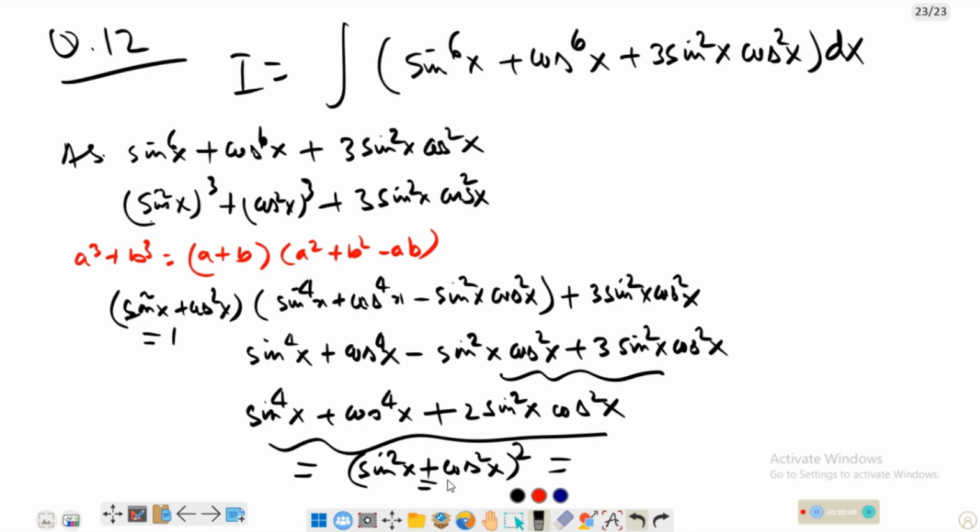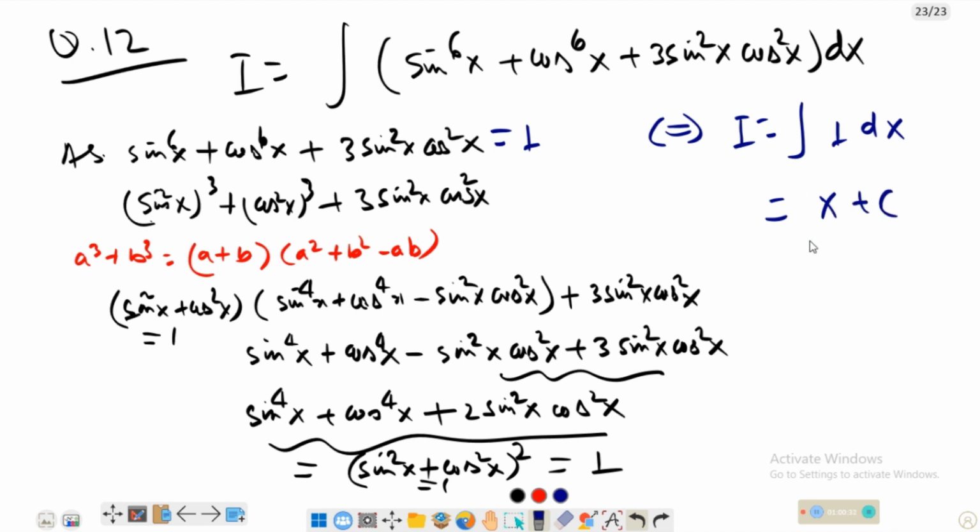So this is 1, so 1 to the power 2 is equal to 1. So basically this integral becomes I is equal to the integral of 1, which is x. So this integral is equal to x plus c.